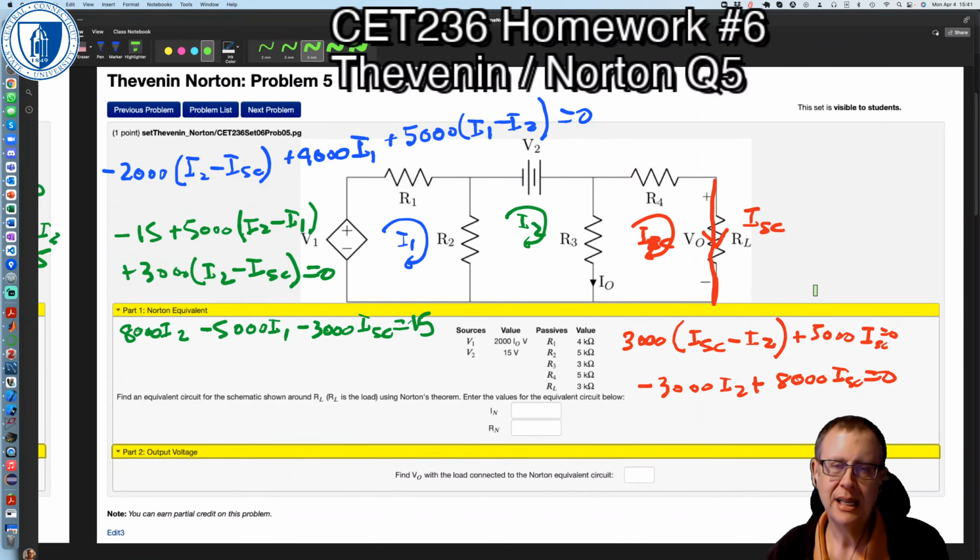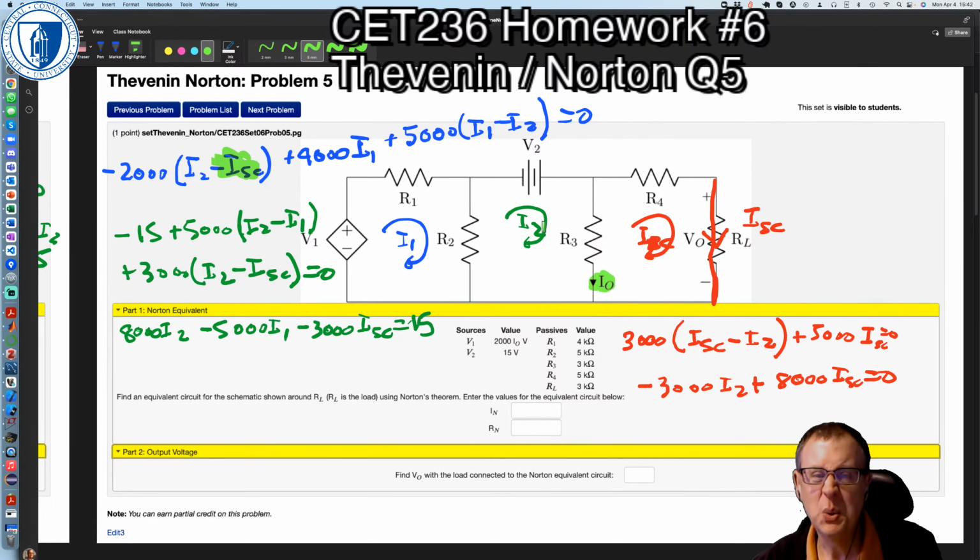And then we do the same analysis again. Now the analysis this time is a little different because now the control variable has both I2 and minus ISC, right? So we're going to get a minus ISC up here. Everything else should be the same, but just be aware of that.